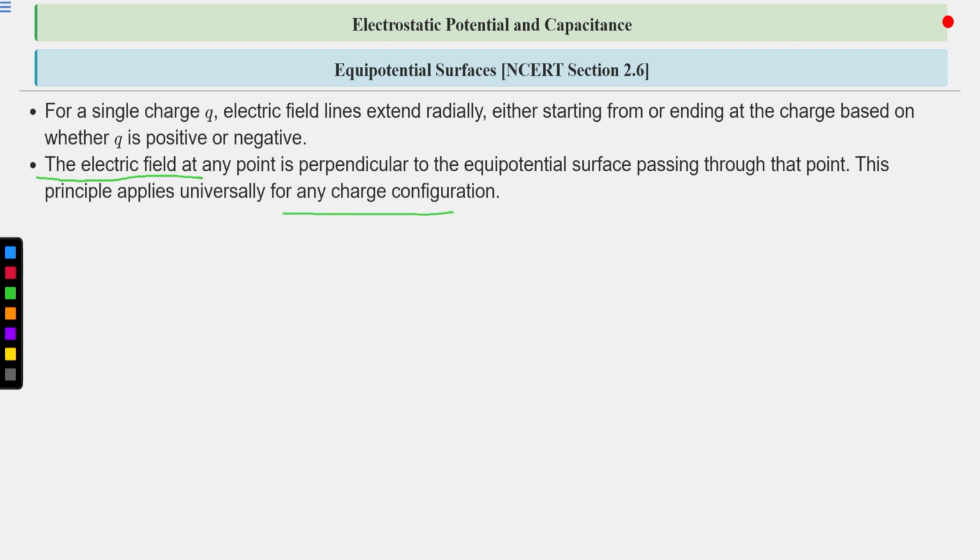Whether it is point charge, linear charge, surface charge, or volumetric charge, for any charge distribution, this principle applies. The electric field is always perpendicular to the equipotential surface. What is the reason? We will also come to that point.